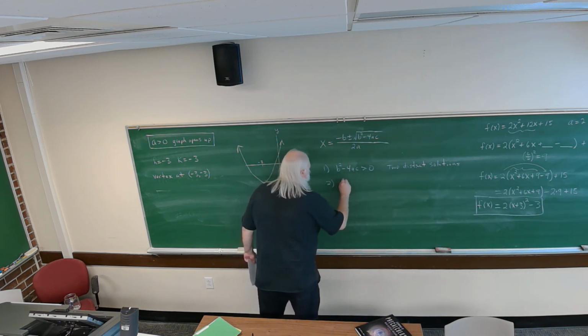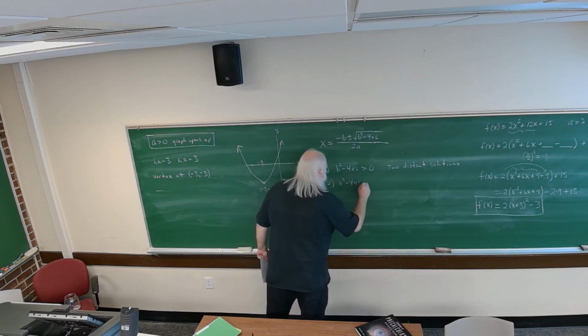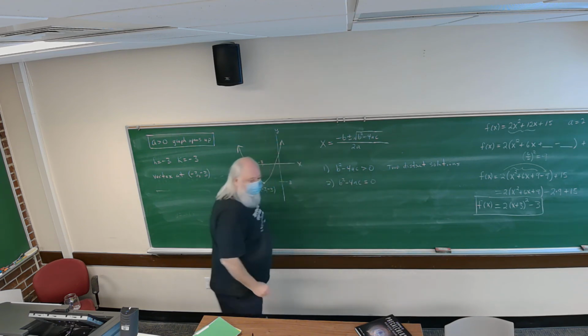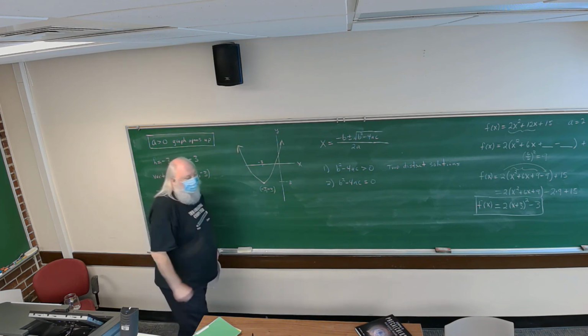If b squared minus 4 times a times c is equal to 0, there's only one.